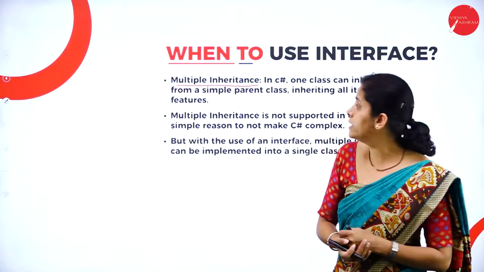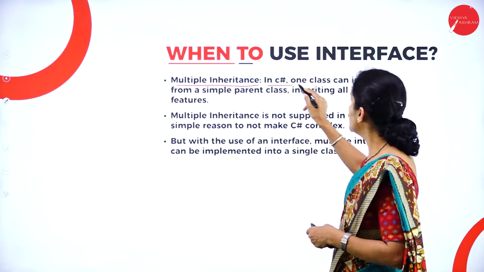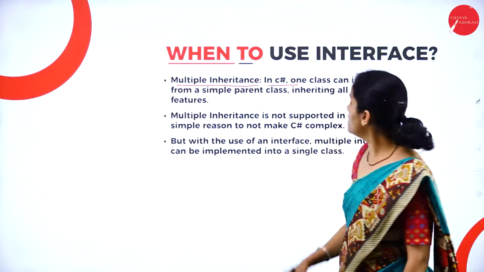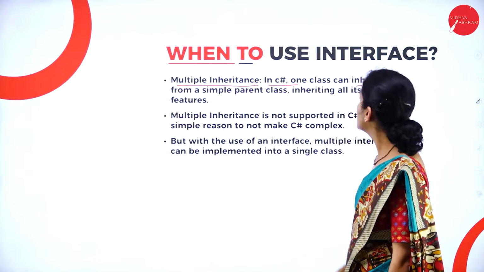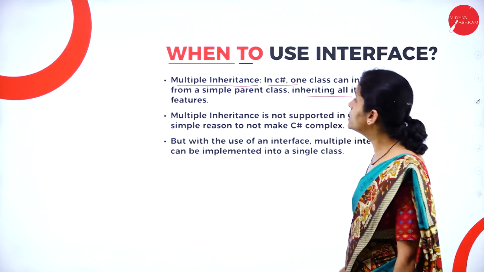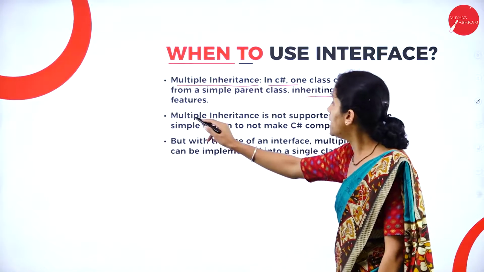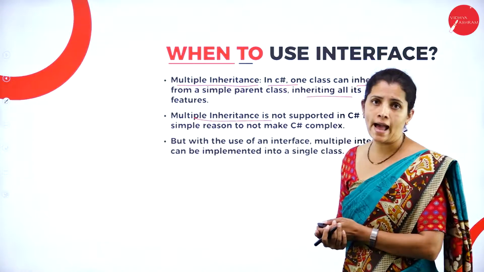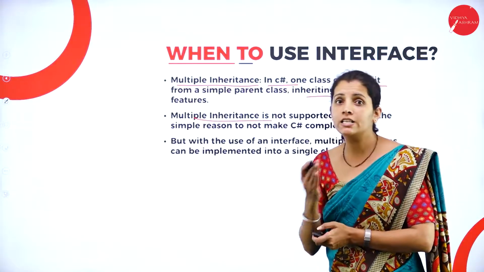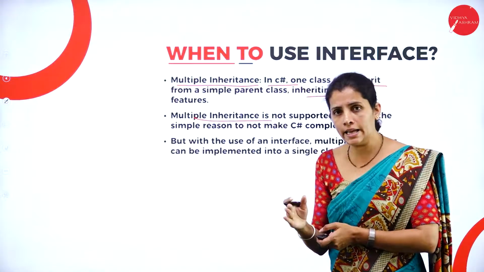With the keyword interface. In C#, one class can inherit from a simple parent class, inheriting all its features. So multiple inheritance is not supported in C#. That means C# does not support multiple inheritance.